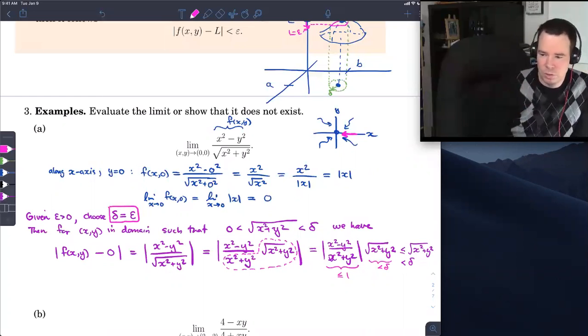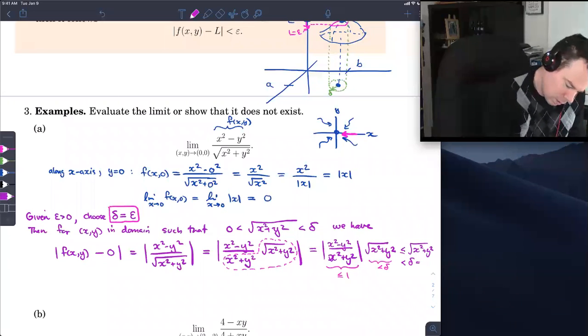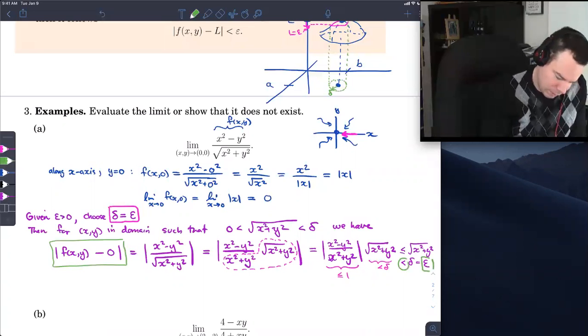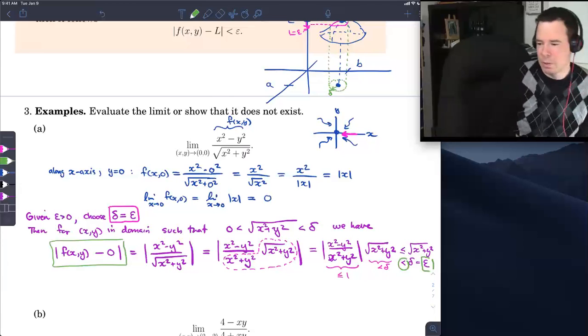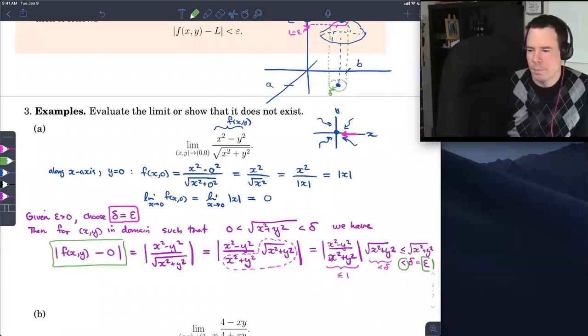I'm going to choose my circle to be that same radius. And so this becomes epsilon, which tells me that my function value is within epsilon. There's a strictly less than sign here, so it's within epsilon of 0 whenever my input is within delta from 0, 0.